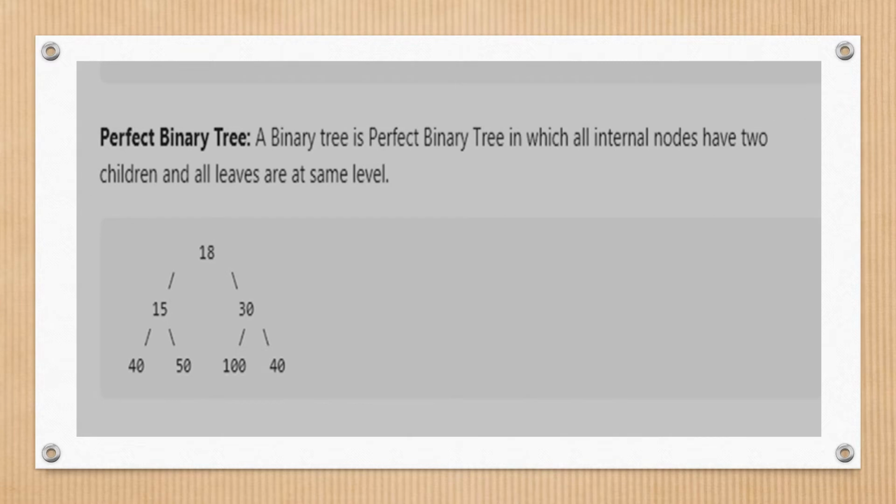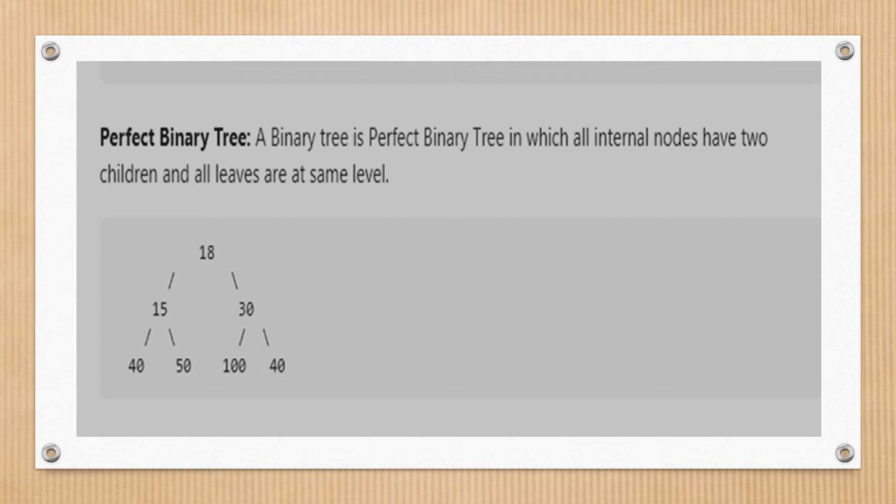Next one is the perfect binary tree. A binary tree is a perfect binary tree in which all the internal nodes have two children and all the leaves are at the same level. What is a perfect binary tree?